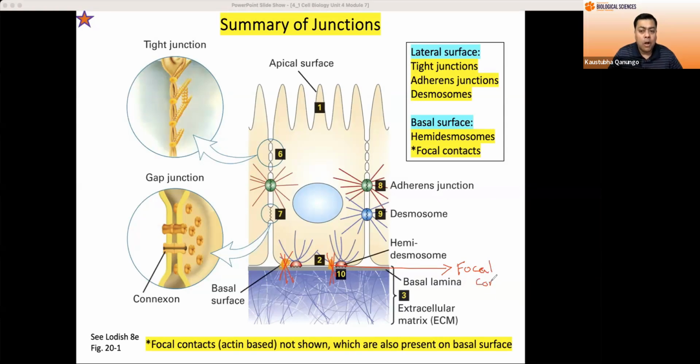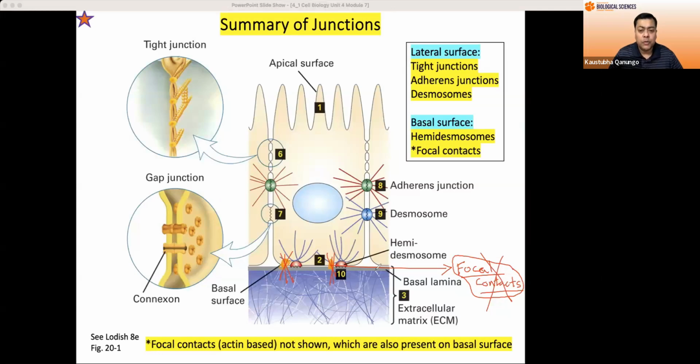Remember that the focal contacts will be present only in the cells which are motile, like the white blood cells. This is a cell which is sessile. It is fixed in one place. This is not going anywhere. That's the reason that the focal contacts are not present in here. So this is just a hypothetical place where the focal contacts will be.